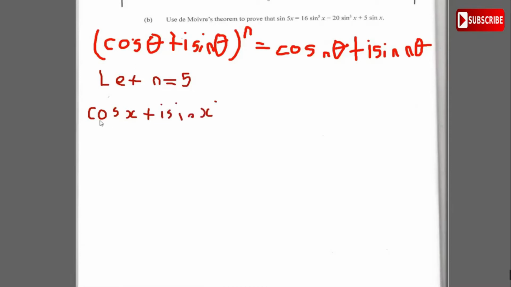Since n is now 5, all of this is equal to cos 5x plus i sine 5x. That's what we're going to get.